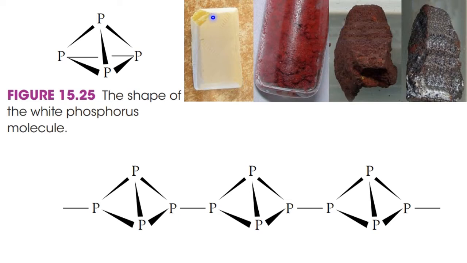So it's very reactive in general. When it reacts in the dark, it emits some chemiluminescent light, and that's where the name phosphorus comes from. You have some light coming.